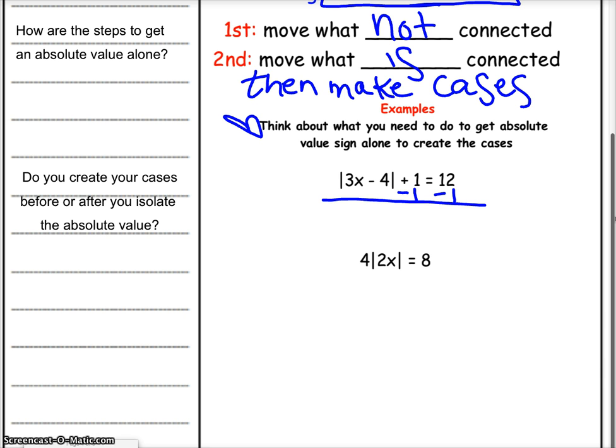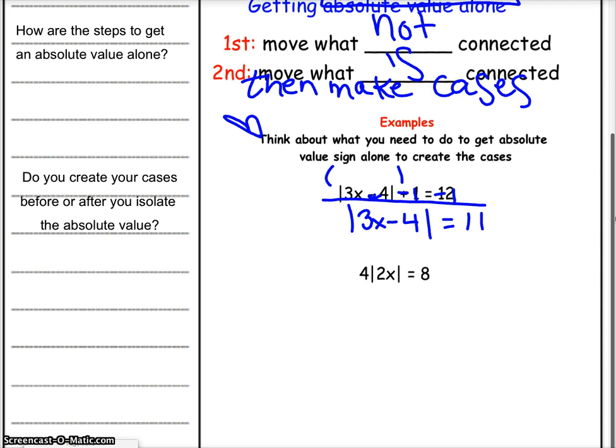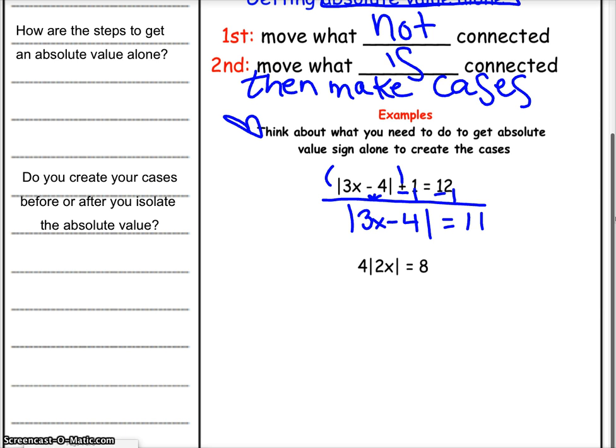And now what do I have left? The absolute value. I have this whole thing left. That whole thing comes down. I have the absolute value of 3x minus 4 equals 11. Now my absolute value sign is alone.